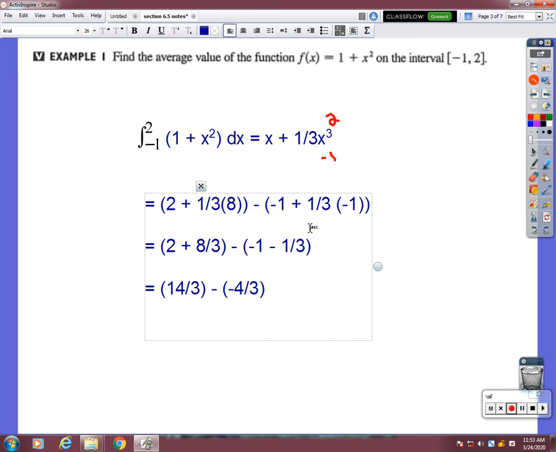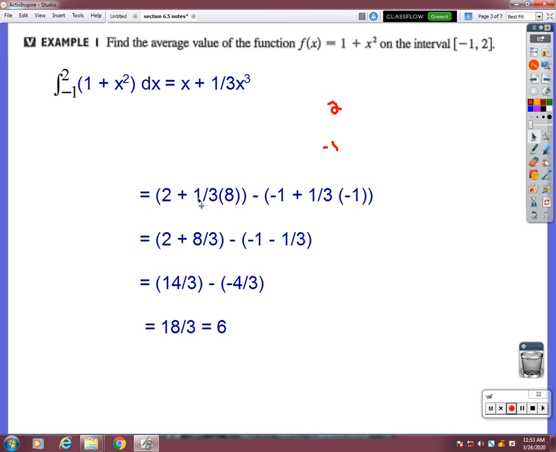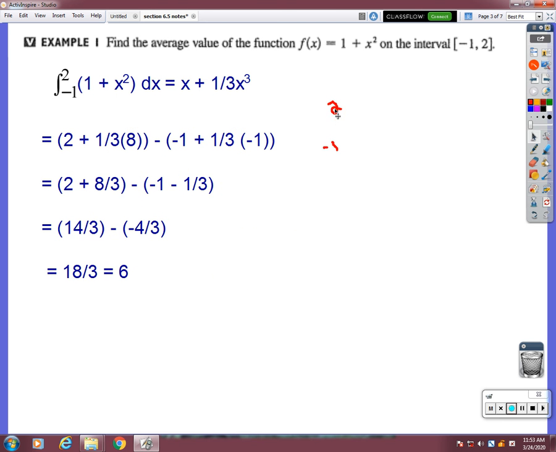Okay, but then we're subtracting a negative, so we add those together and get 18/3, which is equal to 6. So that's just the integral. That's just the area underneath the curve. So we haven't found the average value yet using that.